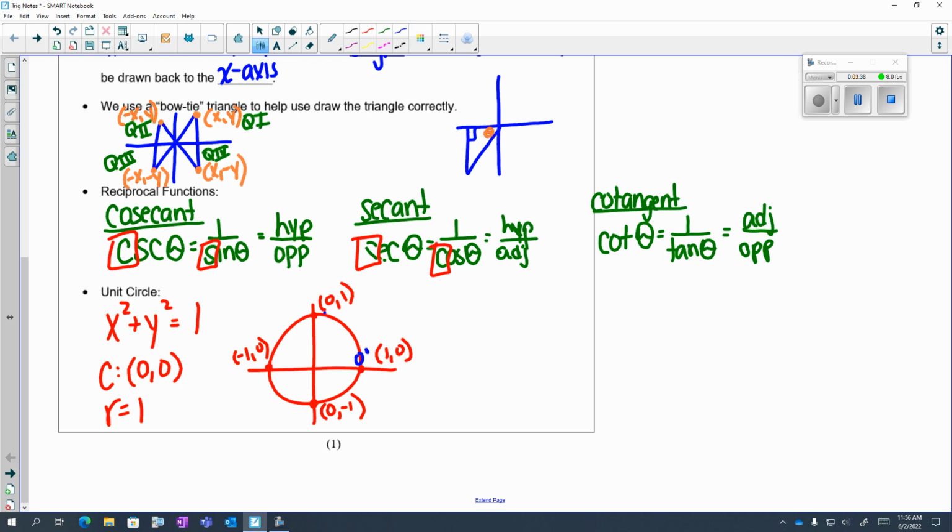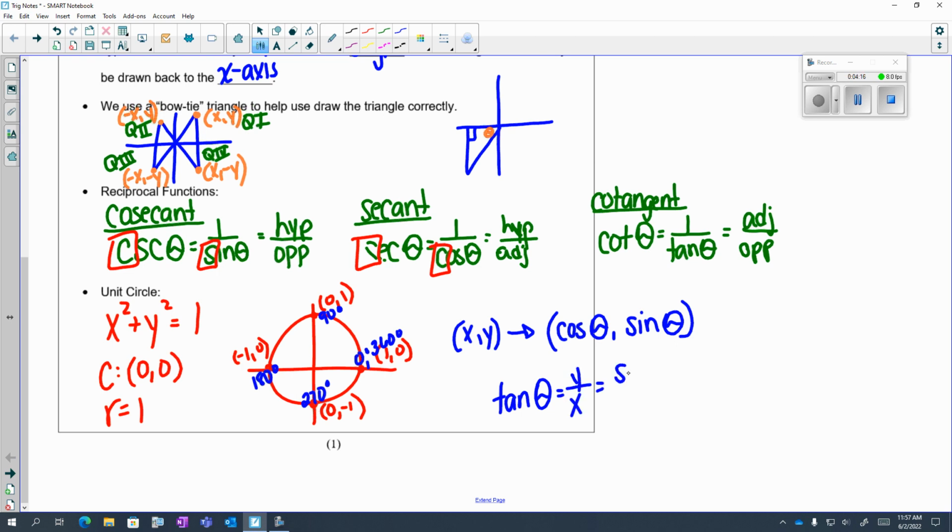This is 0 degrees, 90 degrees, 180 degrees, 270 degrees, and 360 degrees. We'll talk about angles in a minute. If I am on the unit circle, the point x comma y is the same thing as cosine theta, sine theta. So x is equal to cosine on the unit circle, and y is equal to sine on the unit circle, which means that tangent is equal to y over x, which is sine over cosine.